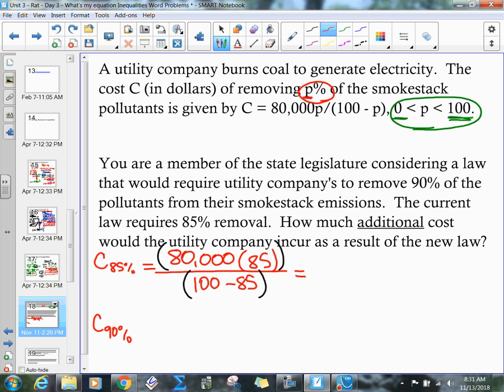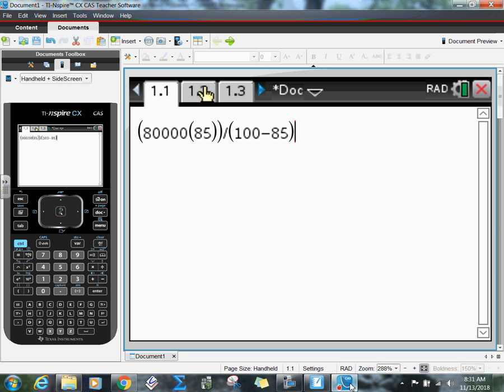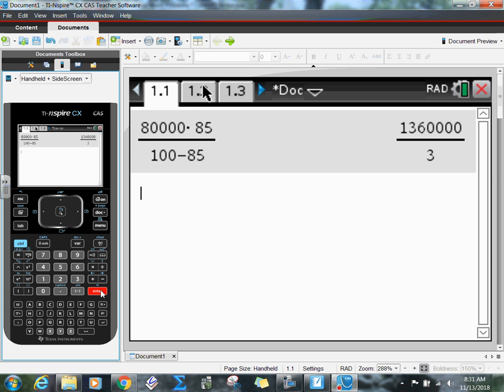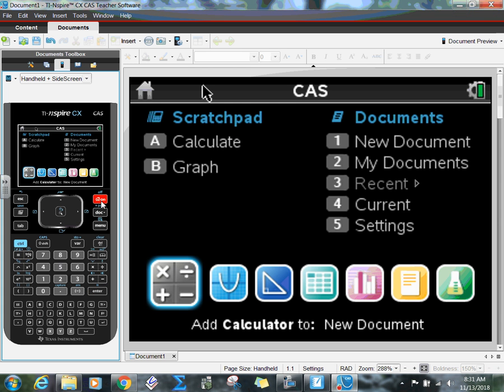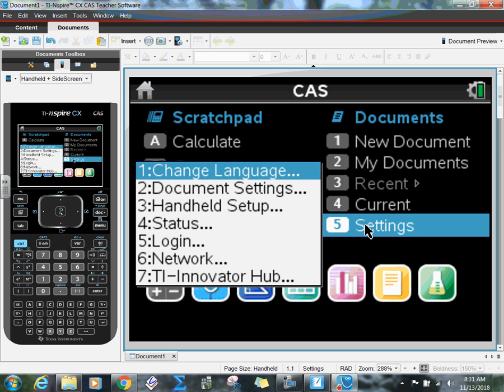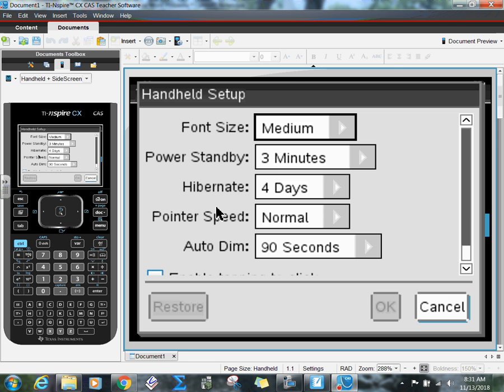So I'm going to plug this into my calculator. So 80,000 times 85 divided by 100 minus 85. I don't want that as a fraction, I want that as a decimal. Bummer. Okay, let's try settings. Handheld, that's not what I want.